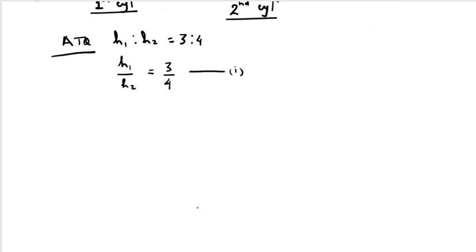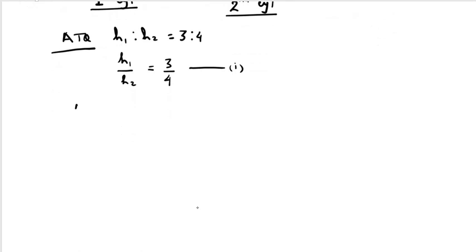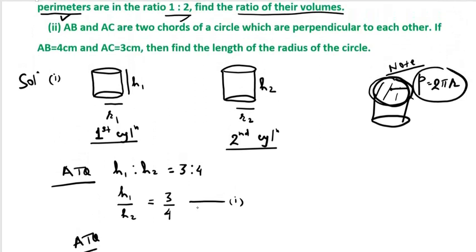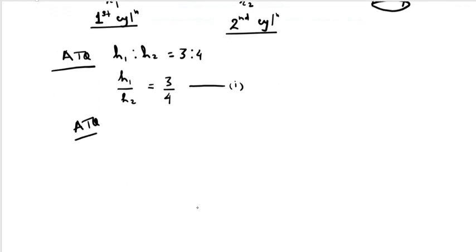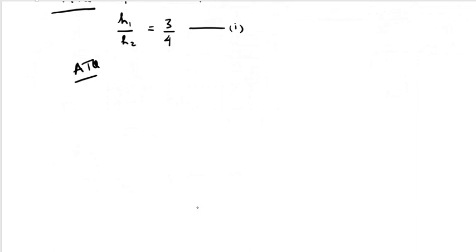Now what is given? First को perimeter र second को perimeter को ratio देख्छ 1:2. Is it so? Yeah, 1:2 देख्छ perimeter को. Okay, so what is the first perimeter?